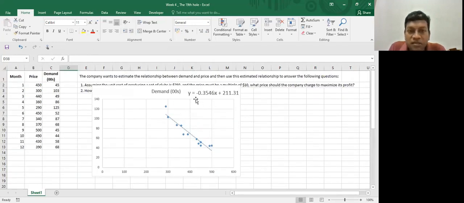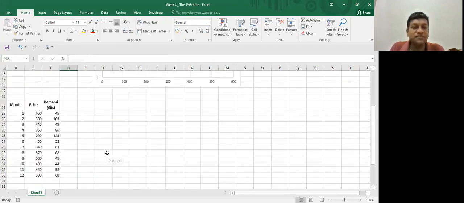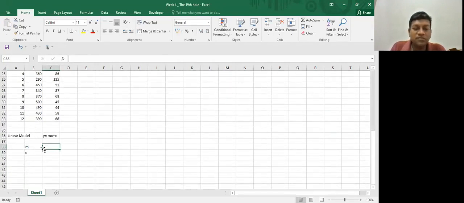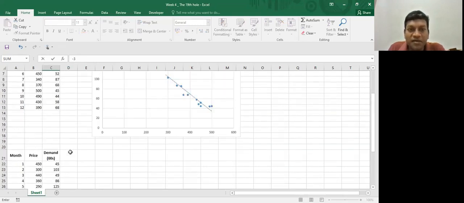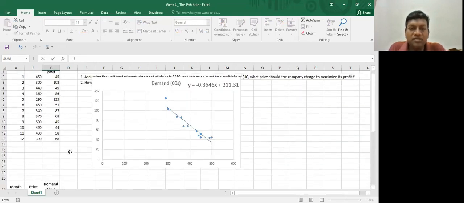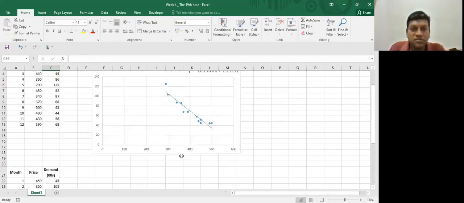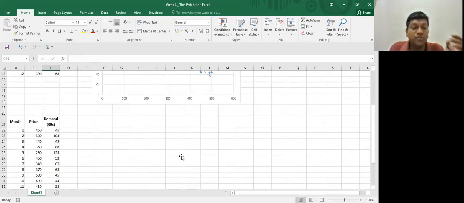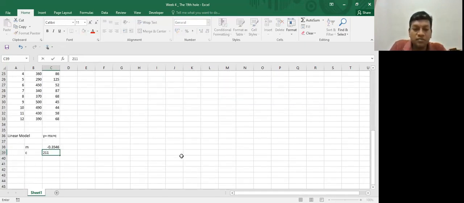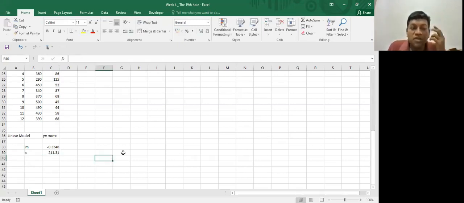M is minus 0.3546, and the intercept C is 211.31. Okay. Now we have a linear model. Basically, we now have a relationship between X and Y.